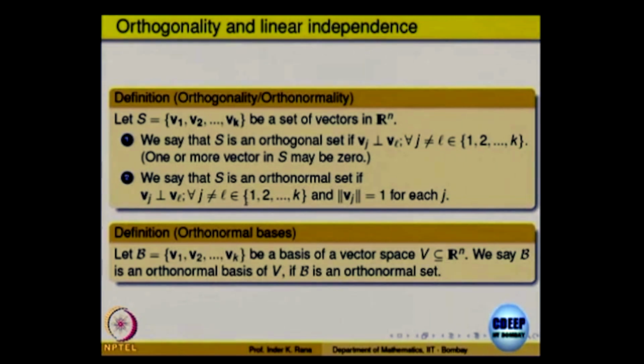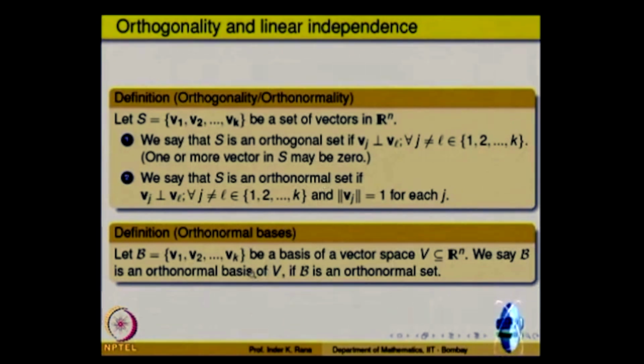So as a consequence of this, because the norm of each vector is 1, 0 cannot appear in an orthonormal set. In an orthonormal set, 0 cannot be a member because magnitude is 1. If there is a vector 0, then its magnitude is 0. So if a set of vectors is orthonormal, then 0 cannot be a member of that, be sure of that.